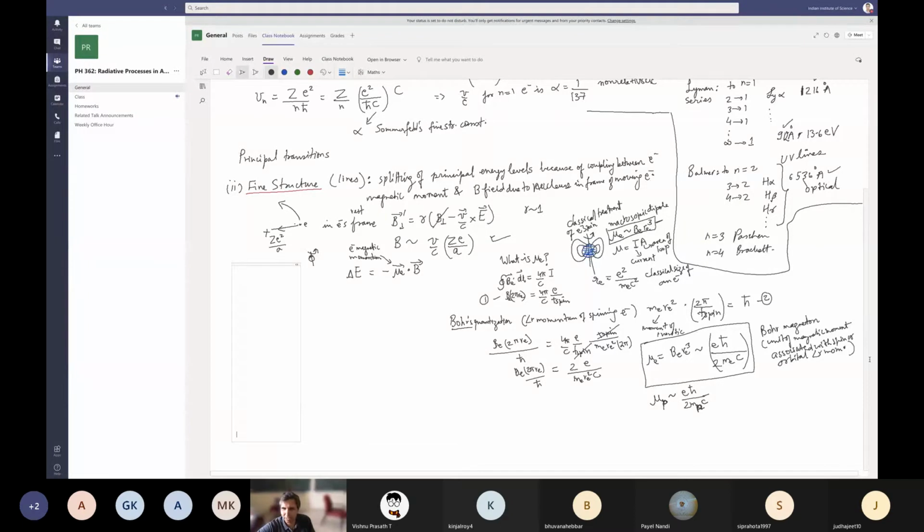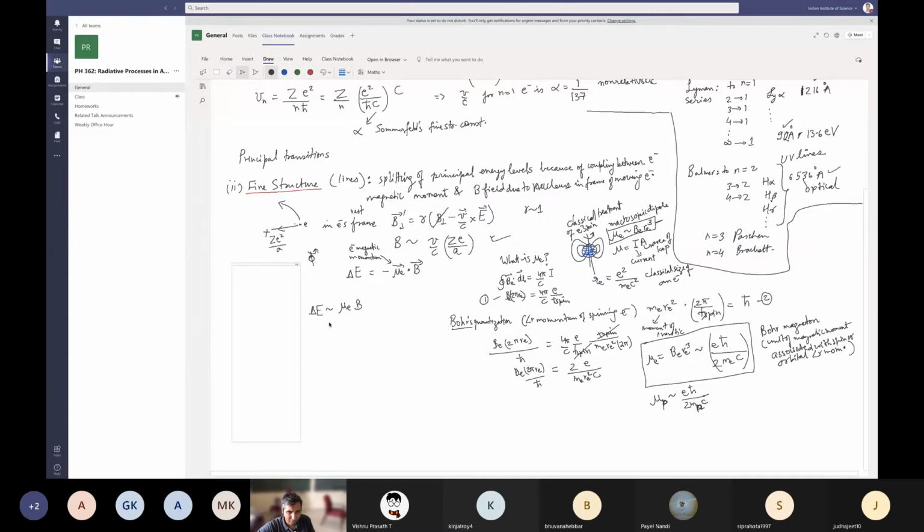Okay, so let's estimate this energy. So what is this delta E? So delta E is mu_e times B, and I'm just taking the absolute value. So what do we have?